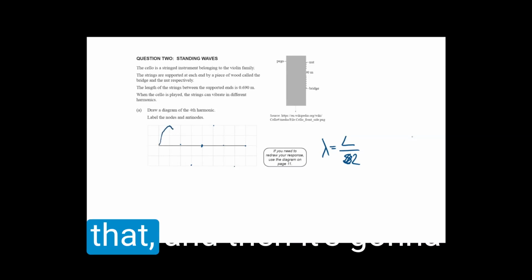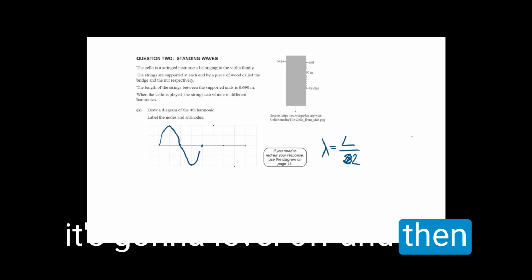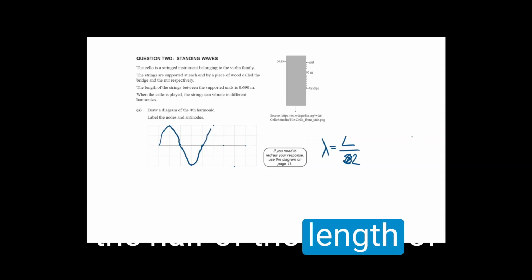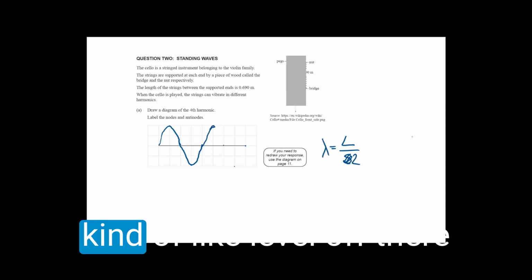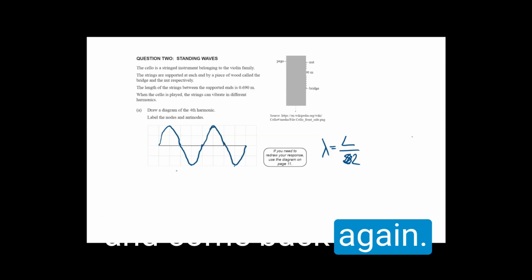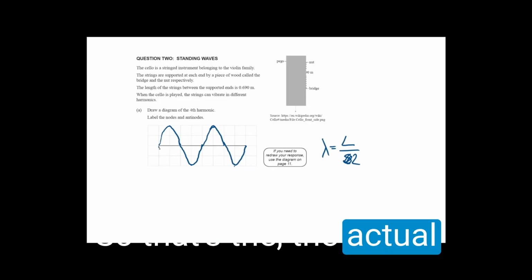So it's going to go up like that, and come down here, and then it's going to level off, and then go at half the wavelength, the half of the length of the string, and then level off there and come back again. So that's the actual wave.